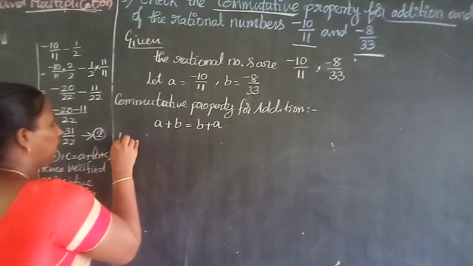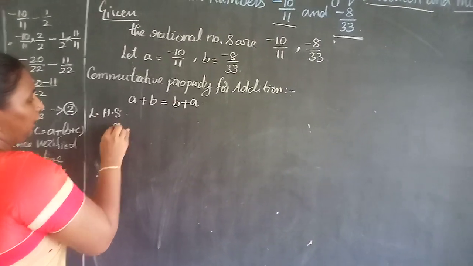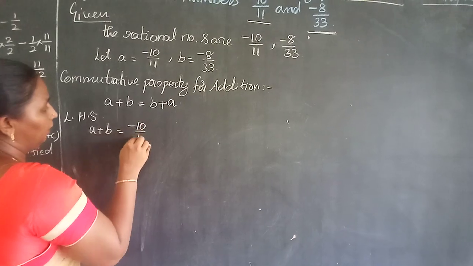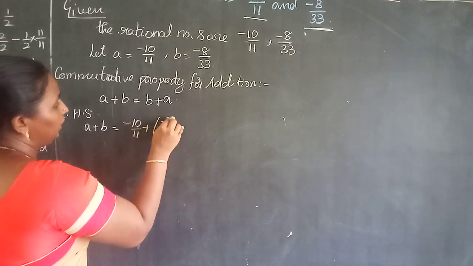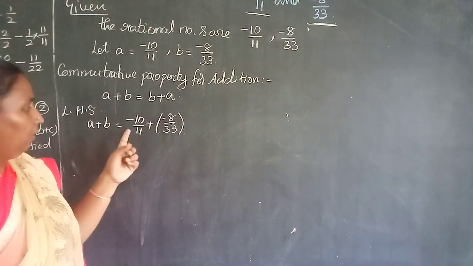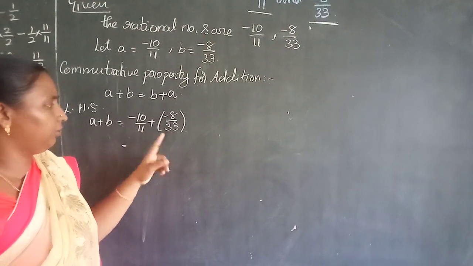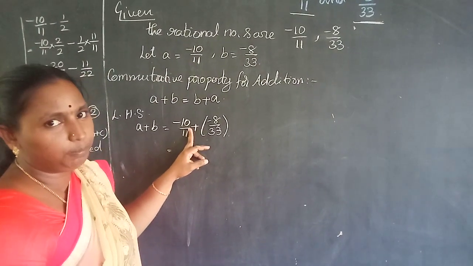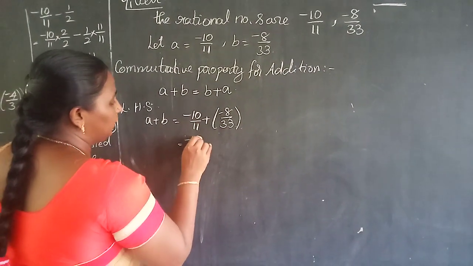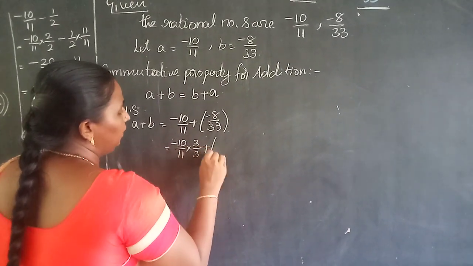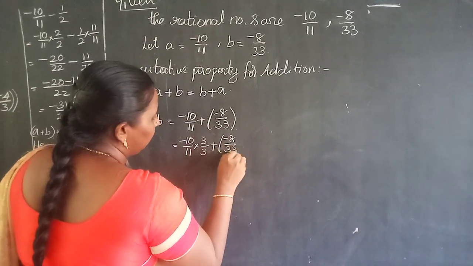Okay. So first take LHS part, that is A plus B equal to A what? Minus 10 by 11 plus minus 8 by 33. So here you have 11, here you have 33. So you have to take LCM. 33 will be the LCM, you know. So here you have to multiply with 3. Minus 10 by 11 into 3 by 3 plus minus 8 by 33.